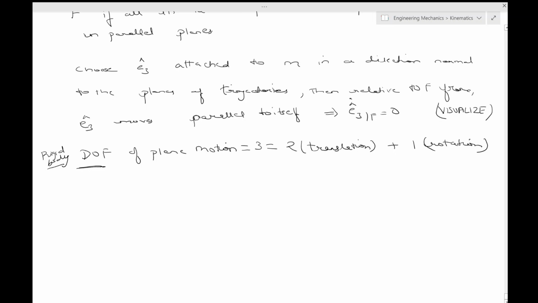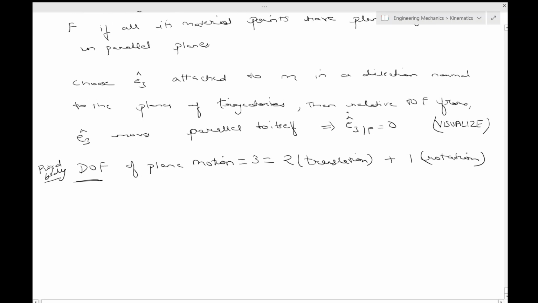There is another important point to note over there, that for a plane motion, E3 dot is equal to 0, but the converse is not true. Meaning if E3 dot is 0, then it does not necessarily mean that you have a plane motion.